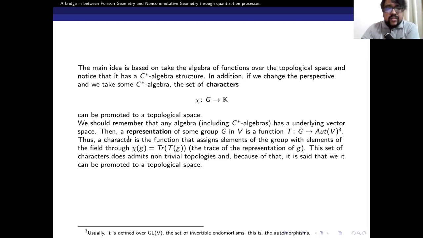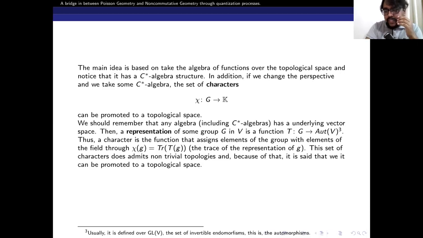And thus, a character is the function that assigns elements of the group with elements of the field through this formula, the trace of the representation of G. And this set of characters does admit non-trivial topologies. It's because of that reason that we say that we can promote it to a topological space. So now we achieve the opposite direction: begin with an algebraic structure and reach a topological one.